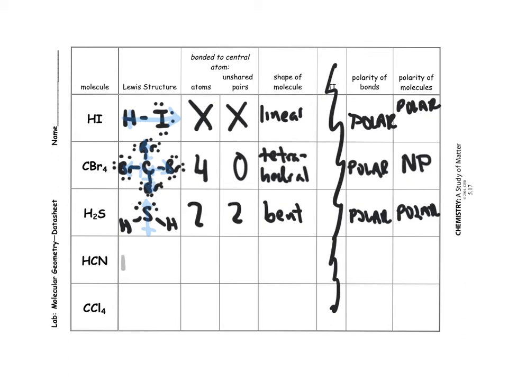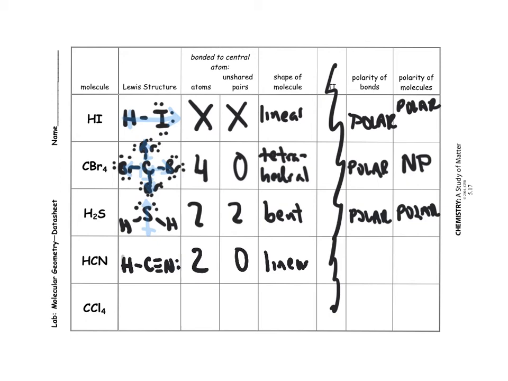HCN is kind of a weird one. Let's get back to the pen. HCN is H to C, triple bonded to an N. There's 2 on the central atom and no lone pairs. This is a linear molecule. However, because C is bonded to 2 different atoms, you have 2 different strengths in terms of polarity.